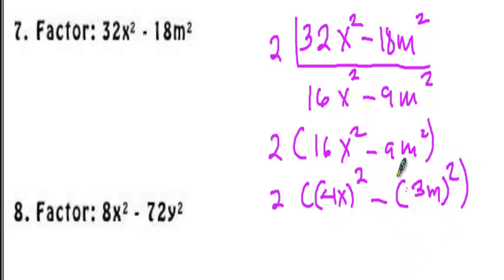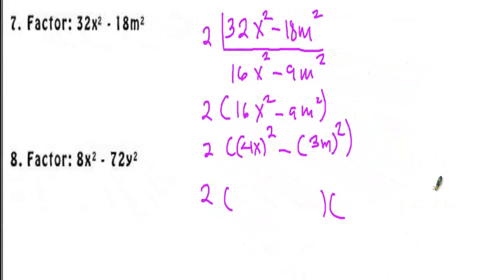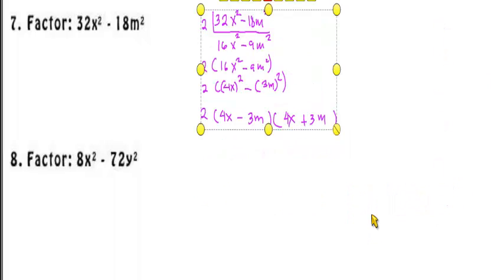Do we have a minus sign between the two terms? Yes. So we can use difference of two squares to factor 16x squared minus 9m squared. It will be 4x minus 3m, 4x plus 3m.